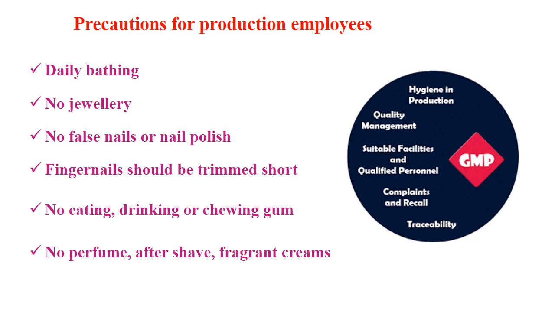No false nails or nail polish, as these are highly hazardous and sometimes toxic. Fingernails should be trimmed short, because there are a lot of dirt deposits, and that is the source of many pathogens and contamination. No eating, drinking or chewing gum, which I have already mentioned earlier.